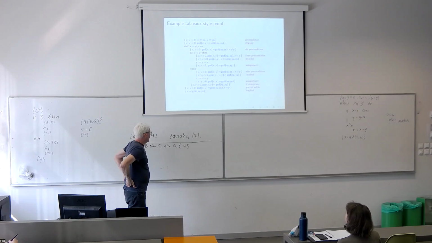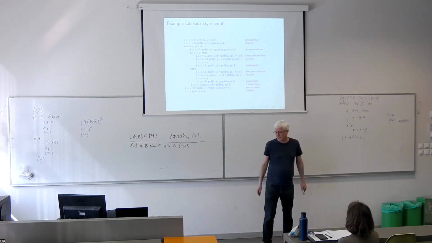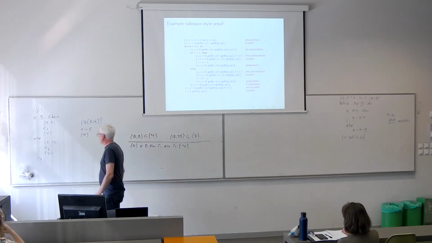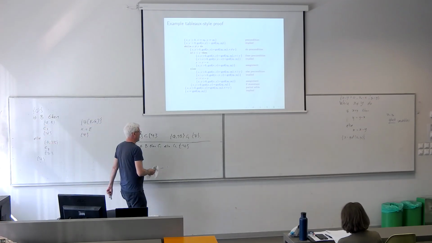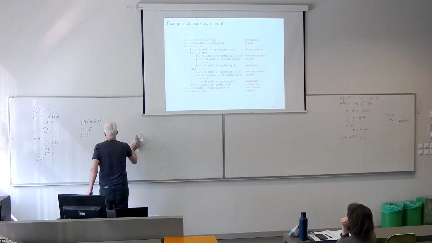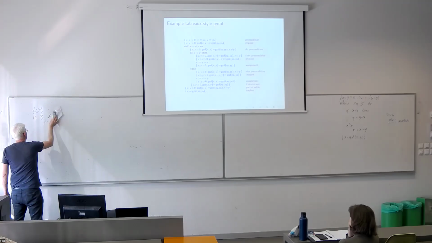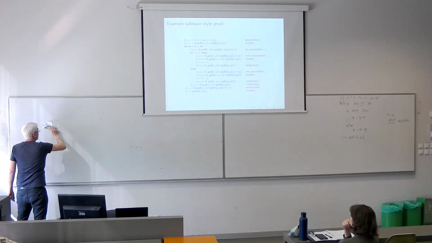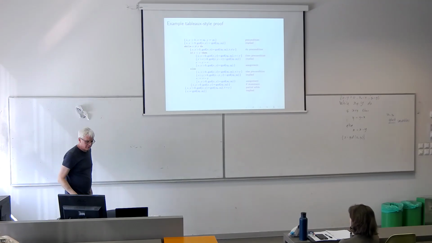Okay, so let's see. Maybe I'll leave the screen on. So the next thing I want to do is just to talk about how we modify. So we've been dealing with partial correctness, and now I want to modify things for total correctness.